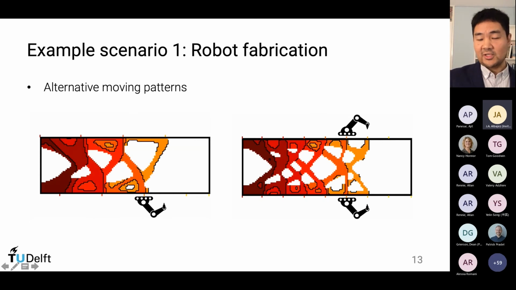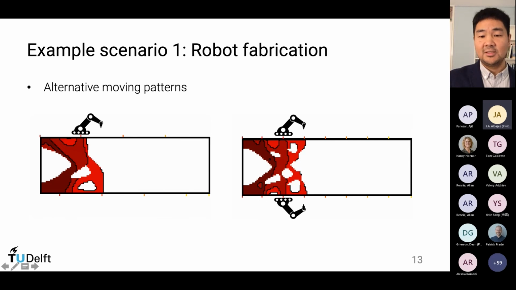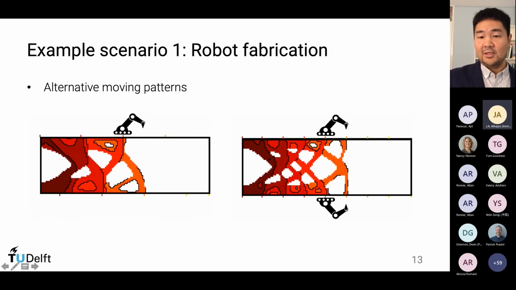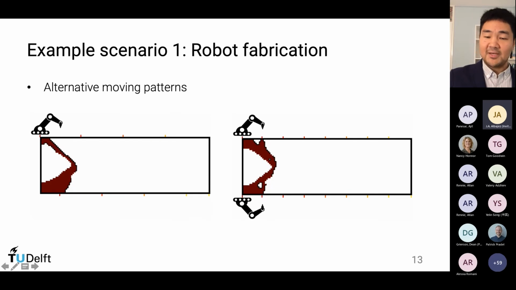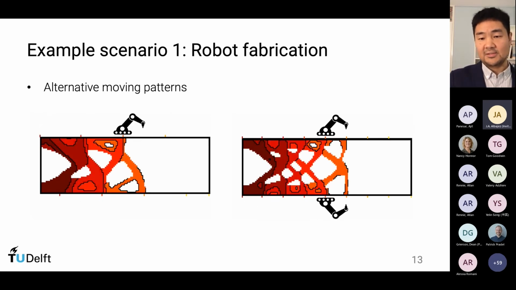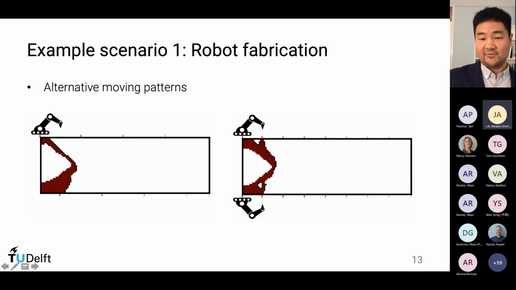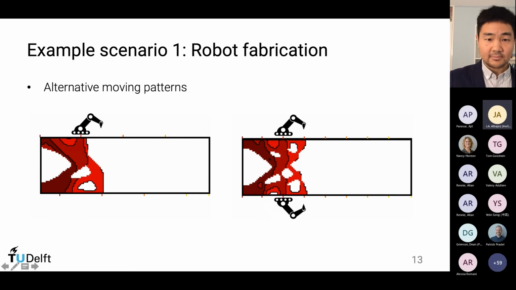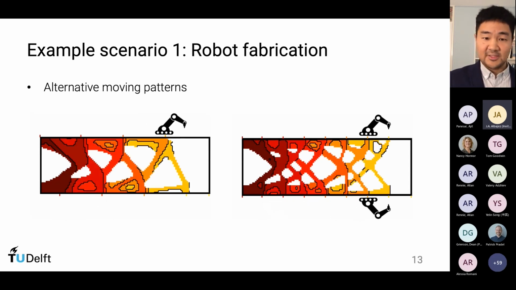On the right side, we can assume there are two robots that move in parallel with the same speed. As you see, the structure creates a more complex layout or more complex tool paths in order to support both robot platforms. So this is kind of a fun experiment.